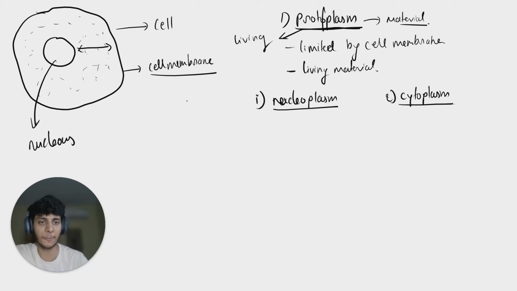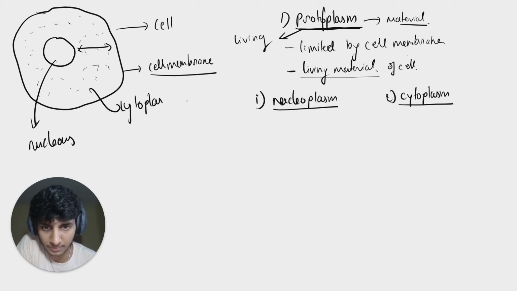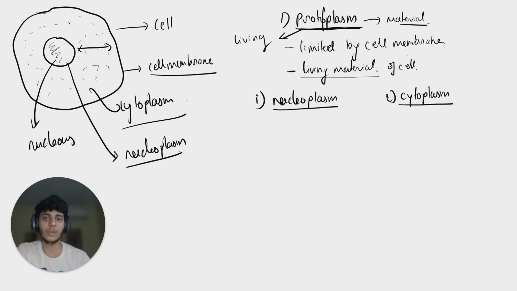So the protoplasm limited by the cell membrane is the living material of the cell. The material filled here is the cytoplasm, and the material inside the nucleus is the nucleoplasm. So that is done.